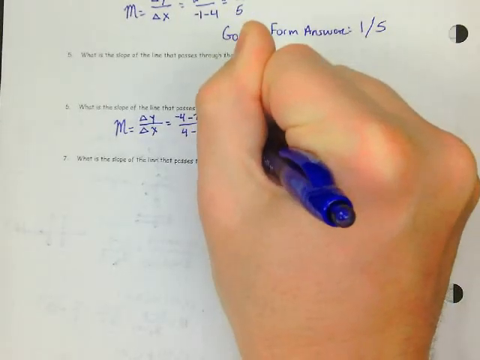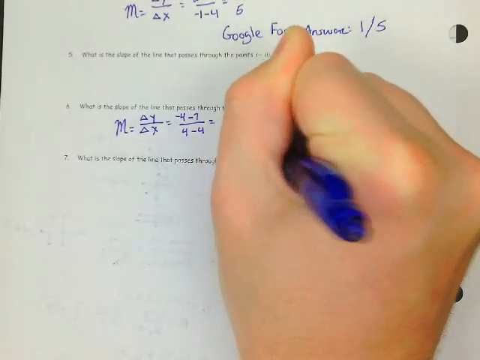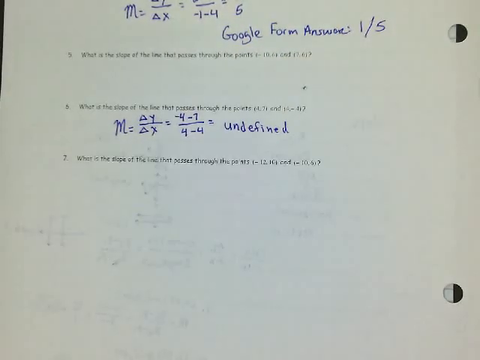If it ever gives you error, divide by 0, it's going to be undefined. On your Google form today, I don't think there's any undefined, so you won't have to type undefined. I know some of you would want to put UND or U or whatever, so I didn't put any on there. If it's a zero slope, put the number 0. Don't put the letter or the word. All right, guys, that's it.